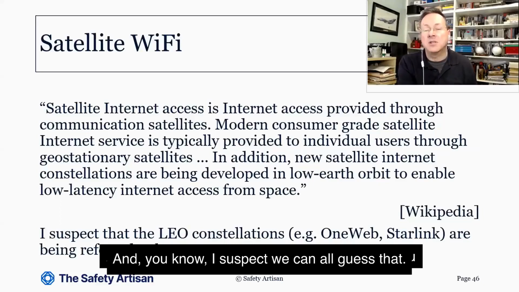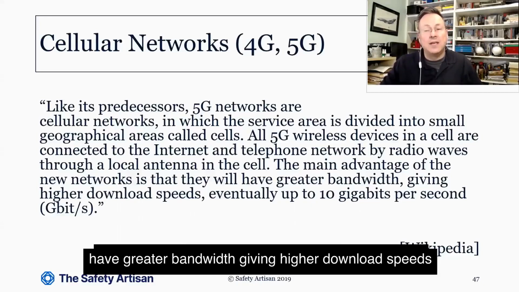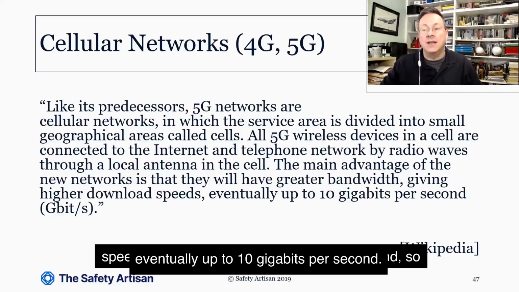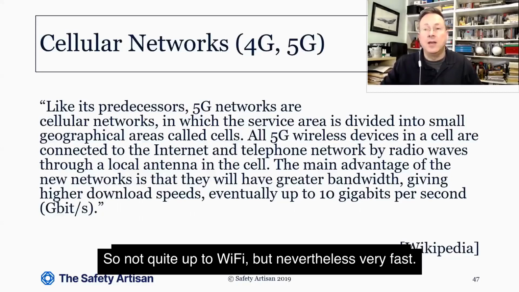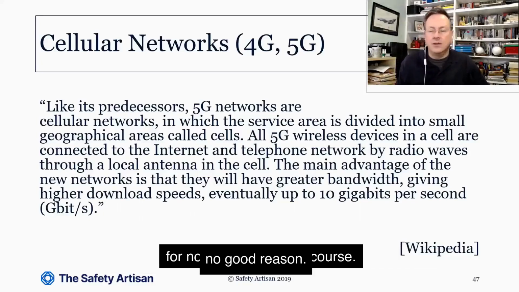And I suspect we can all guess that the main advantage of the new networks is that they will have greater bandwidth, giving higher download speeds, eventually up to 10 gigabits per second. So not quite up to Li-Fi, but nevertheless very fast. So very, very powerful and slightly controversial, but for no good reason.